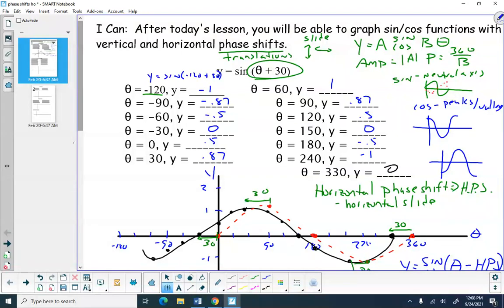I could rewrite this as theta, and I call this a ching boom, theta minus a -30. We are undoing the addition and making it a subtraction. So the value that we are subtracting off of theta is a -30. And that's what we take a look at. So it's sort of the opposite sign.